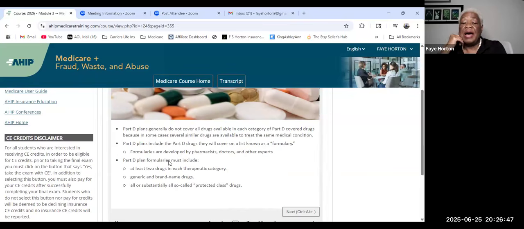Formularies are developed by pharmacists, doctors, and other experts. Part D plan formularies must include at least 2 drugs in each therapeutic category. It must include generic and brand name drugs. And in the formulary, all or substantially all so-called protected class drugs must be included as well.